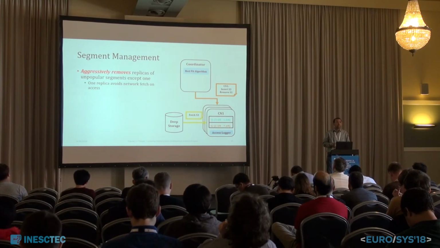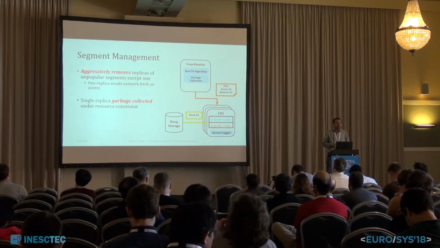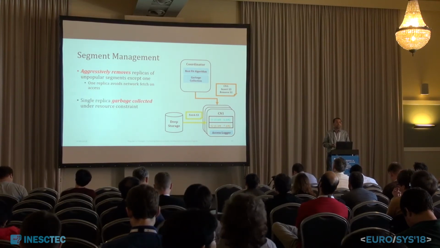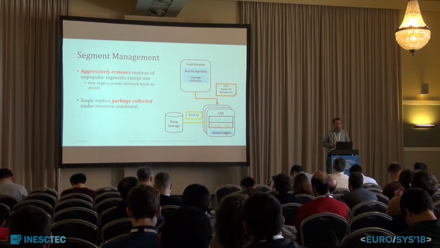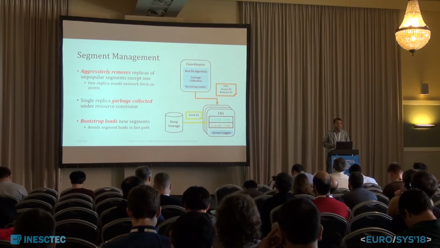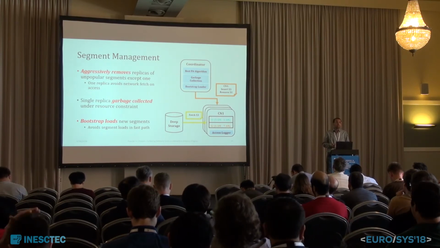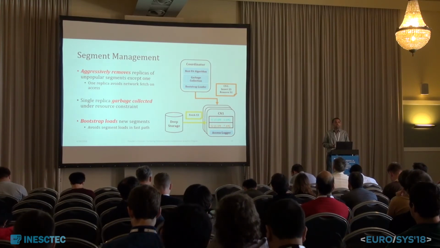We don't remove one replica to avoid a network fetch on access. The coordinator can ask the compute node to remove even this replica under resource constraint. For freshly minted segments which have not received queries yet, GetFX bootstrap loads the segments to the compute node. This is done to avoid segment loads on the fast path.